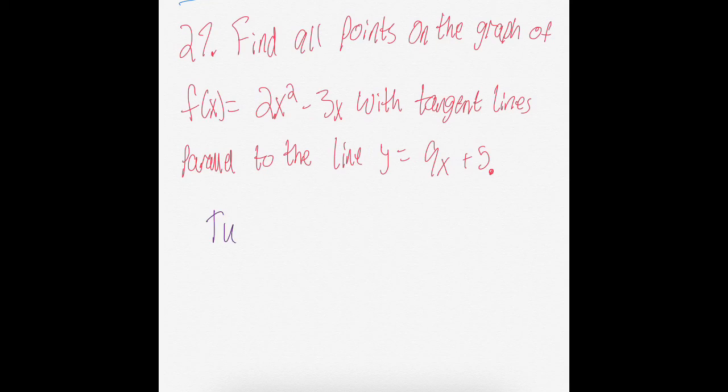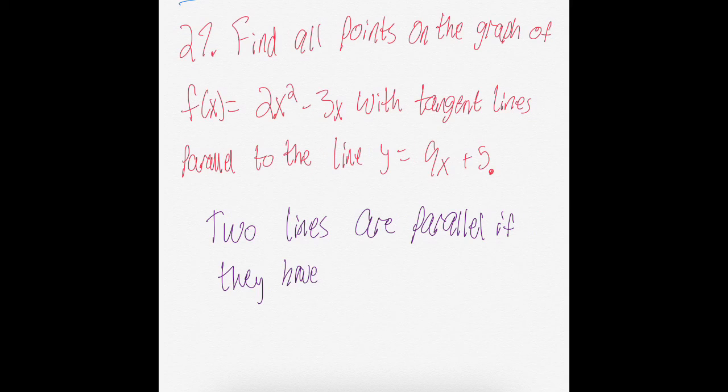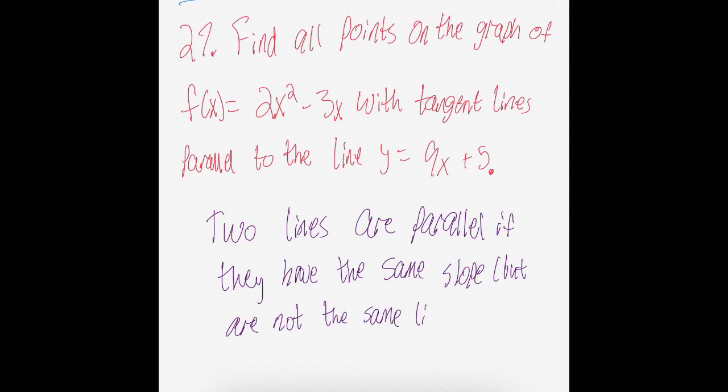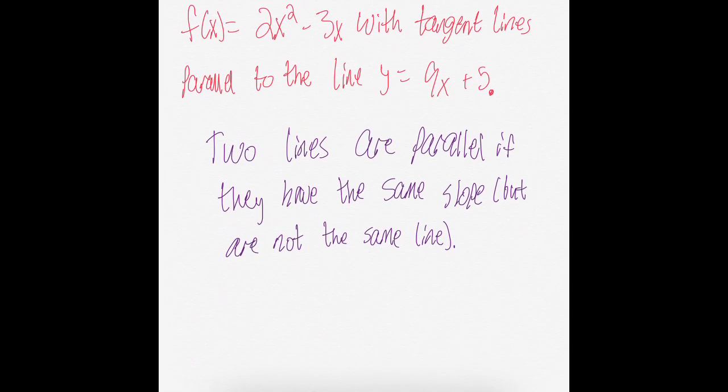Okay. Well, let's take a brief second to review how to tell if two lines are parallel. Two lines are parallel if they have the same slope, but are not the same line.